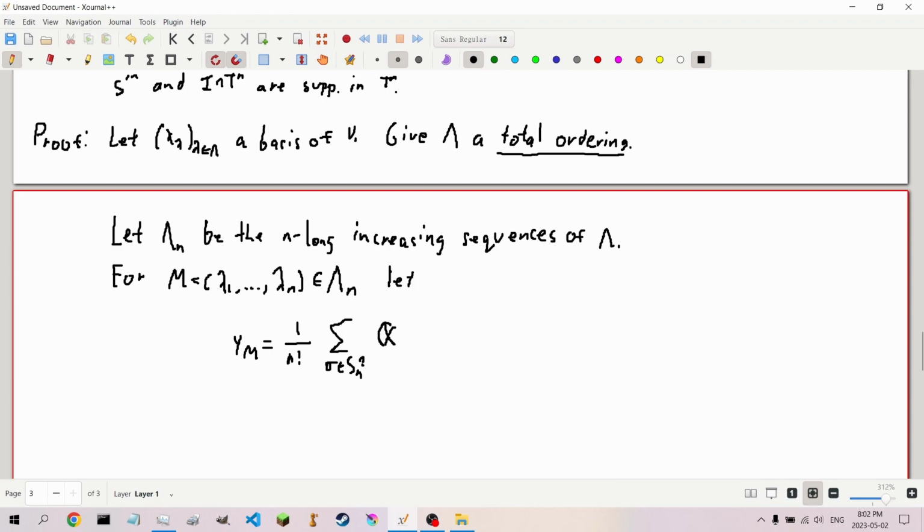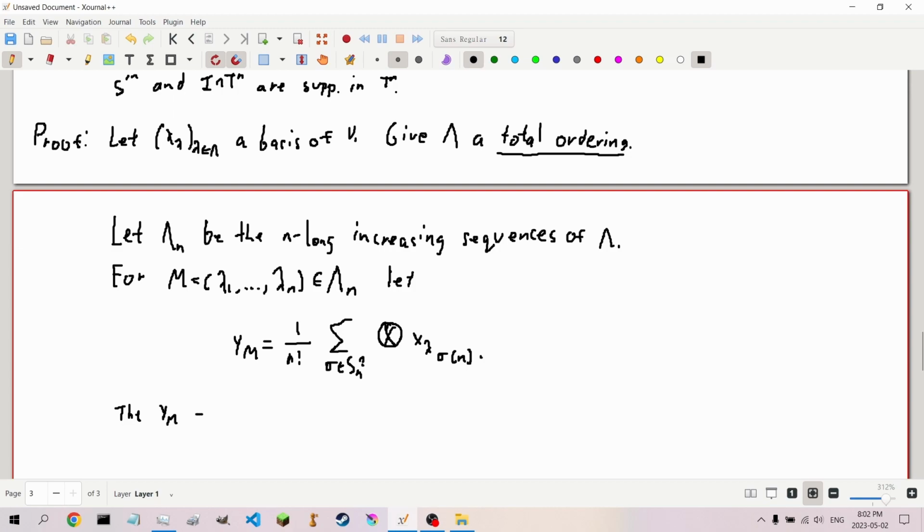And then we're taking the tensor of x lambda. So this is just every permutation of the basis elements that's n long, where the basis elements we're looking at are determined by the sequence.